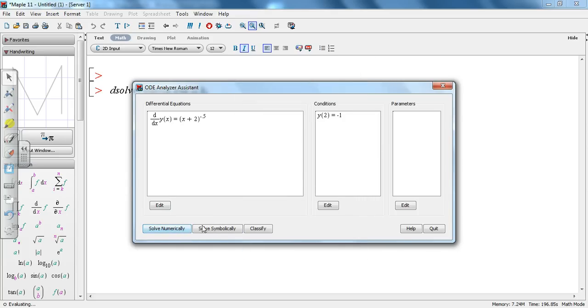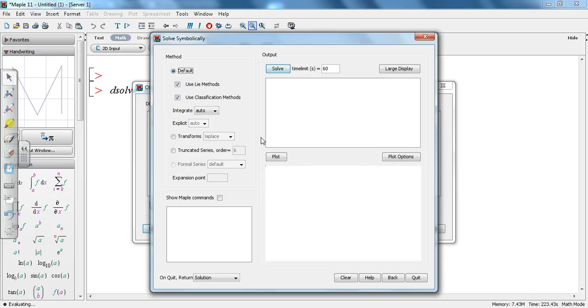Then we would solve it. I'm going to solve symbolically, tell it to solve. I have other things that could happen over there, but I'm probably not going to do it. So that's what Maple says the answer to this problem is.